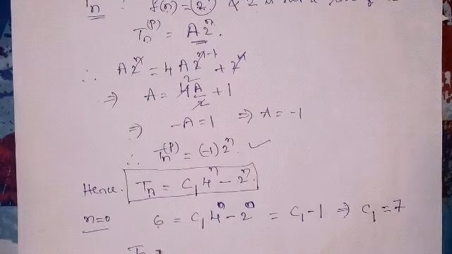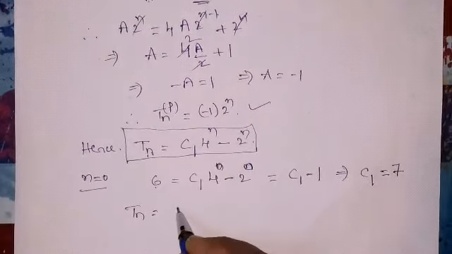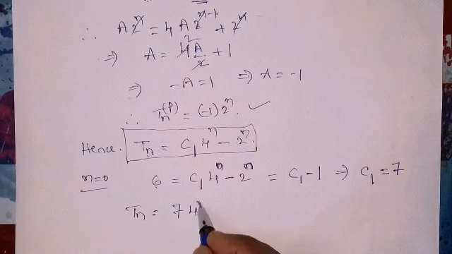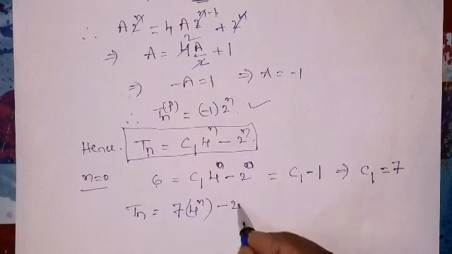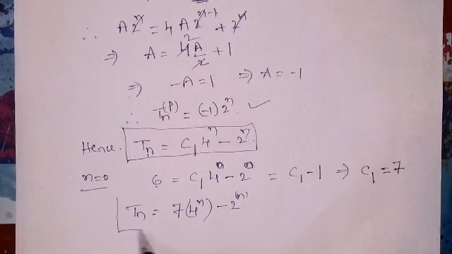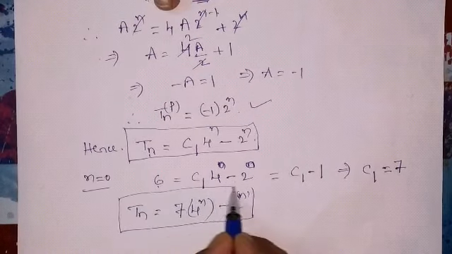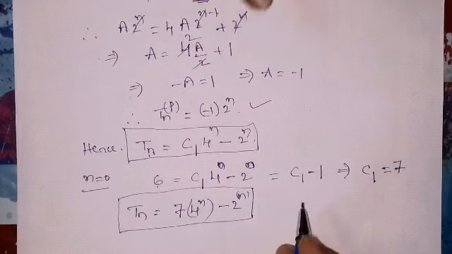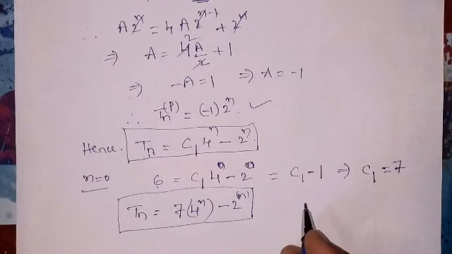So finally our solution is going to be 7 into 4 power n minus 2 power n. This is the solution for the given non-homogeneous recurrence relation.